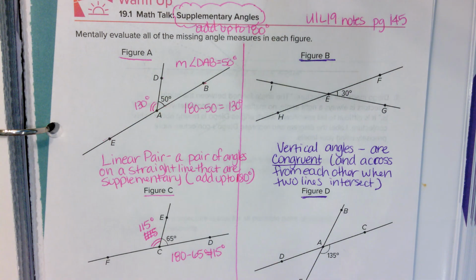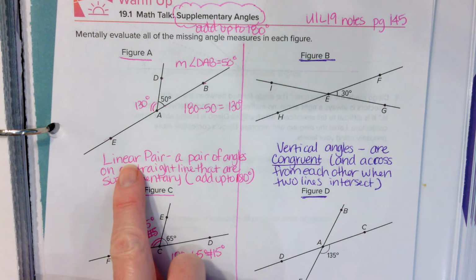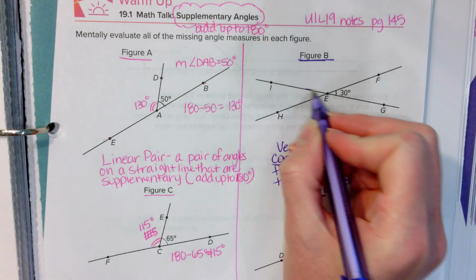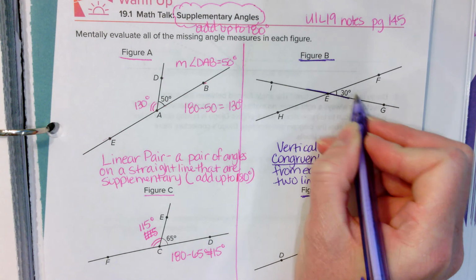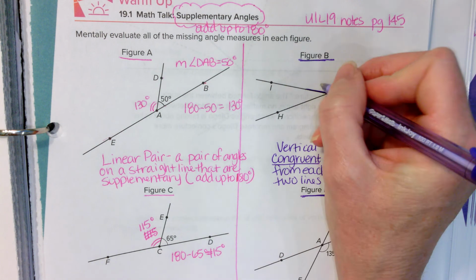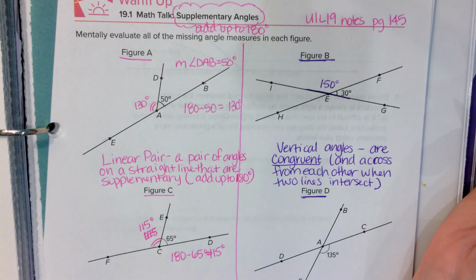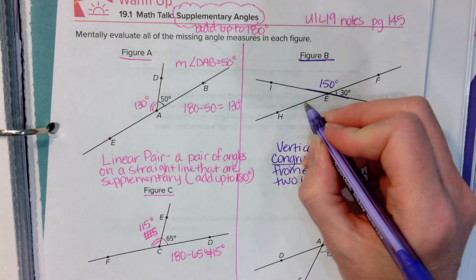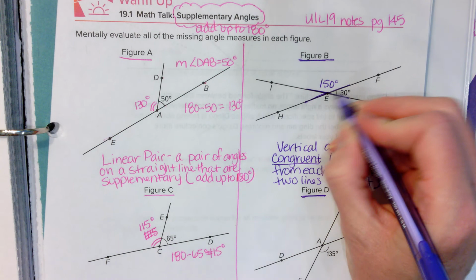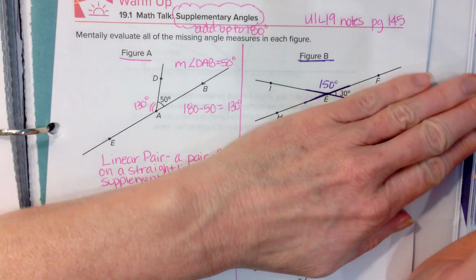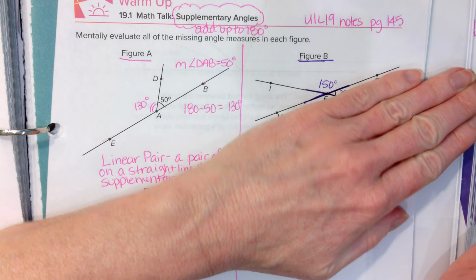So looking at my figure B, if I work slowly around it using linear pairs, I would know that if I look at my line this way, if this little part's 30, then I know this larger part has to be 150, so it adds up to 180. And then if I look at my straight line this way, again it should add up to 180.